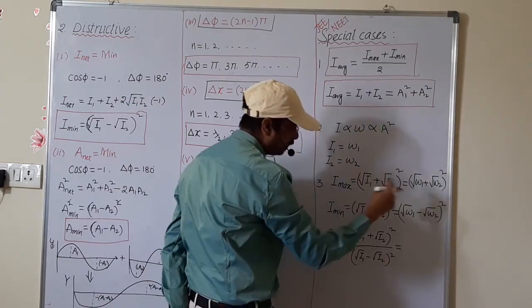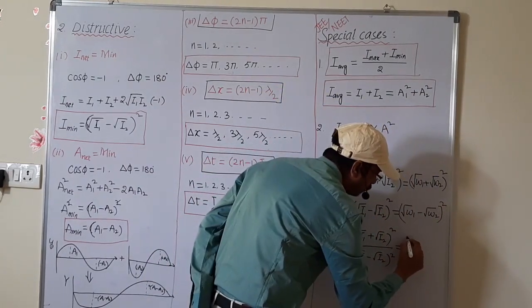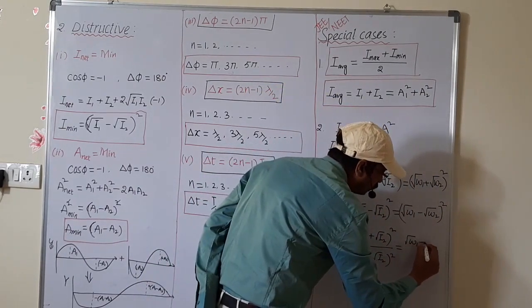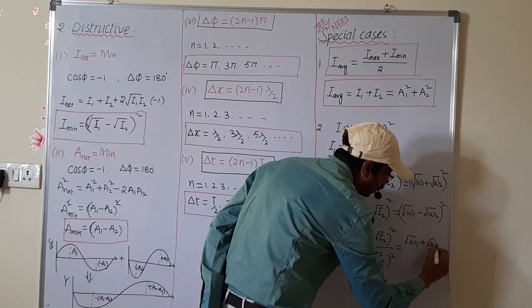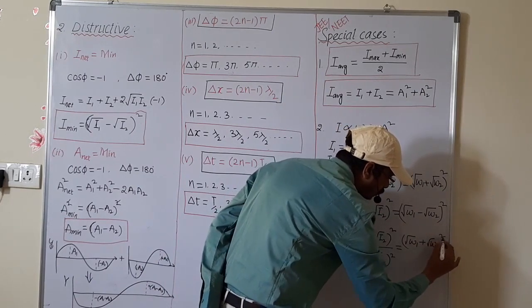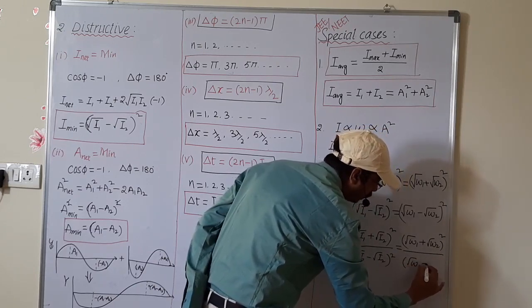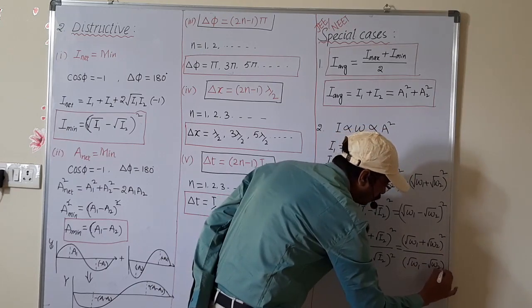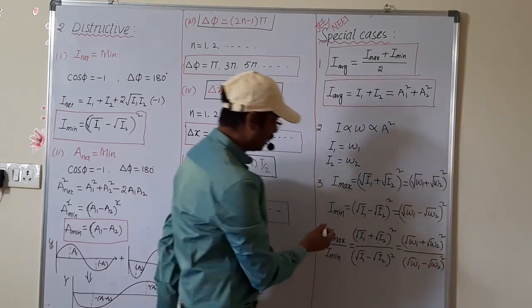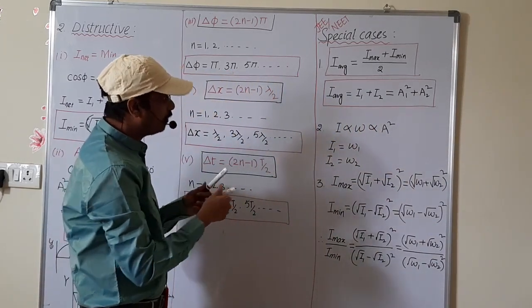Then we can write it in terms of slit width also: root omega 1 plus root omega 2 whole square upon root omega 1 minus root omega 2 whole square. This is the ratio we get finally.